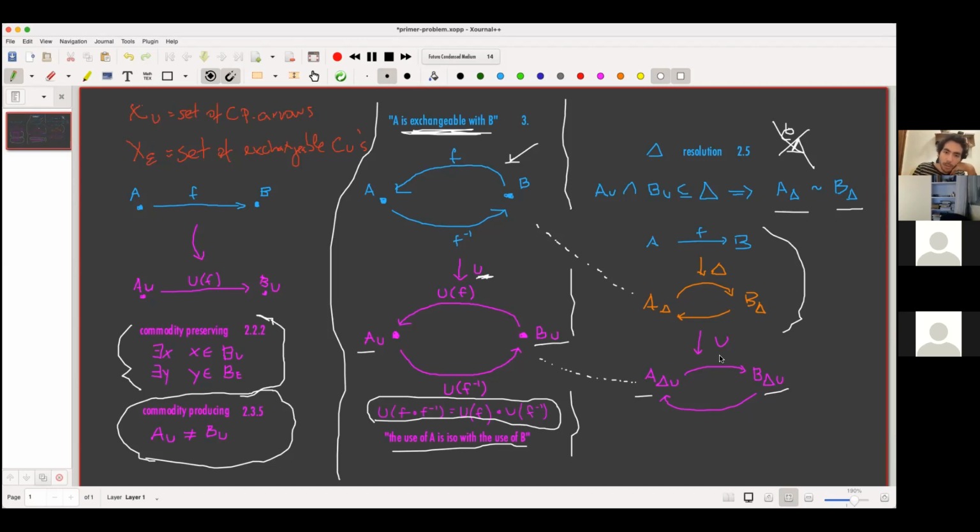Couldn't the opposite work? So either the exchangeability is like a functor that is applied onto the already use set.